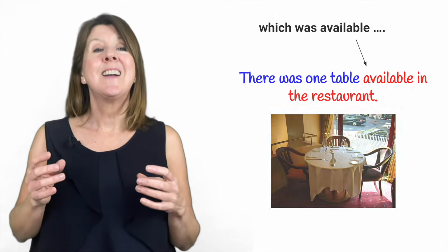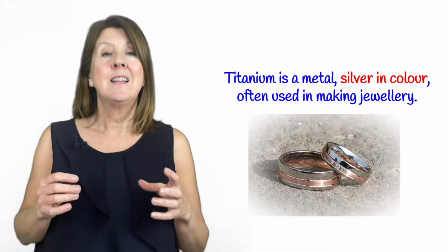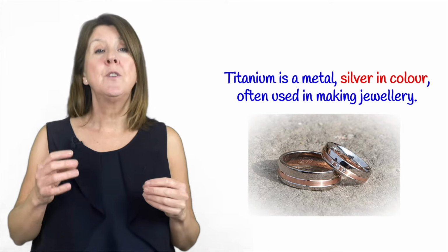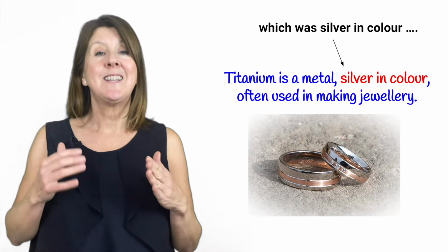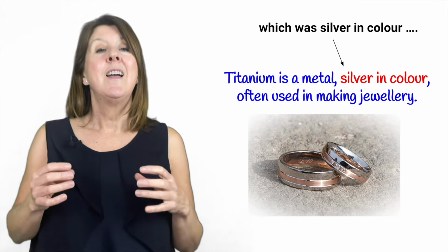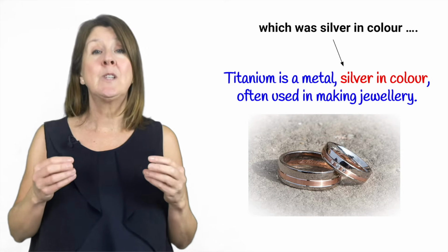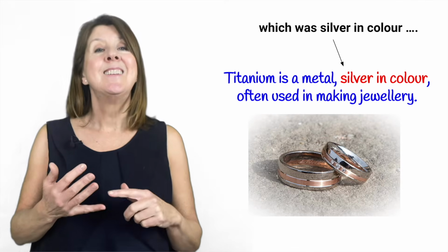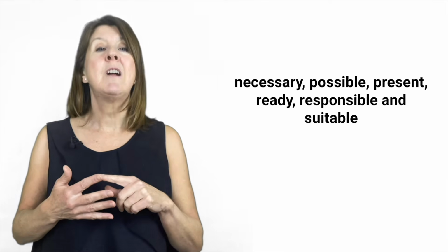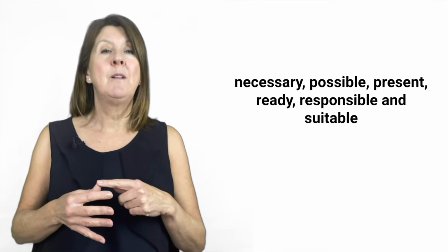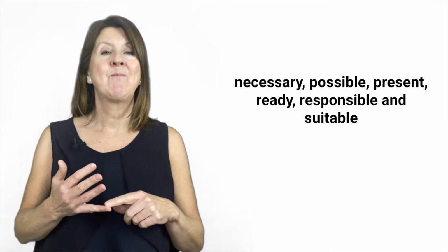Or, titanium is a metal, silver in colour, often used in making jewellery, instead of which is silver in colour. Other adjectives that can be used like this are necessary, possible, present, ready, responsible, and suitable.